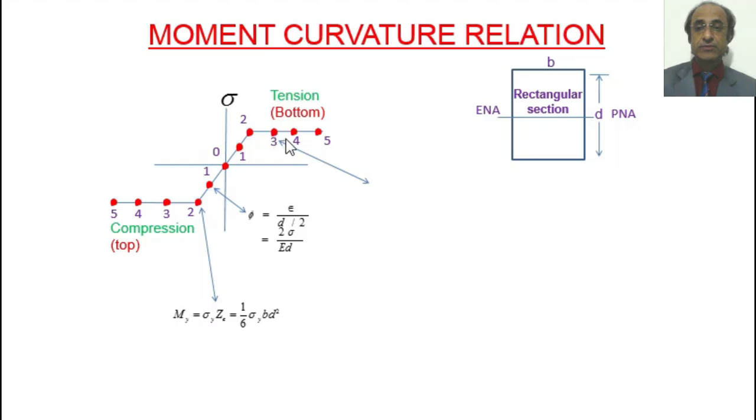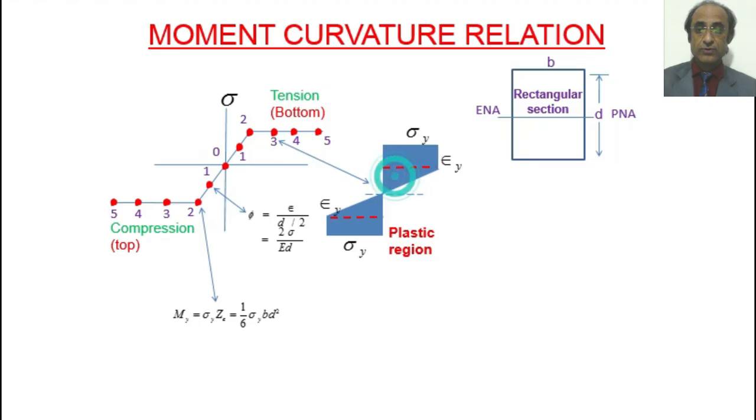And if we are crossing point number 2 and reaching point number 3, in that particular situation we'll have an elastoplastic section, that is, we have plastic region near the boundaries and an elastic core where we have the strains equal to the yield strains, and the stresses are such that above this they are not crossing the yield stress.